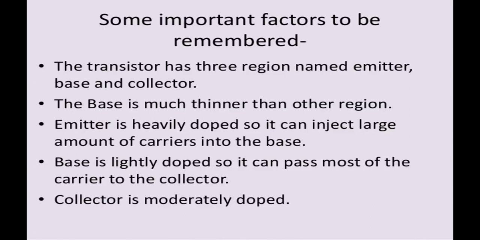Base is lightly doped, so it can pass most of the carriers to the collector, and the collector is moderately doped. Which terminal is heavily doped in a transistor? Emitter. Why? Because it injects a large amount of carriers into the base. That's why it is heavily doped.